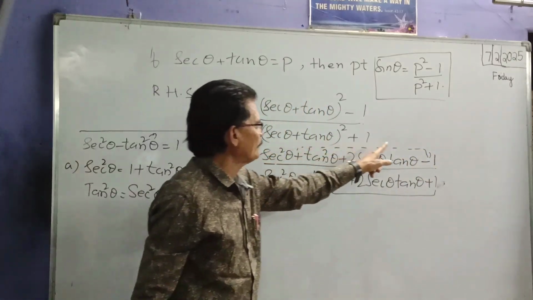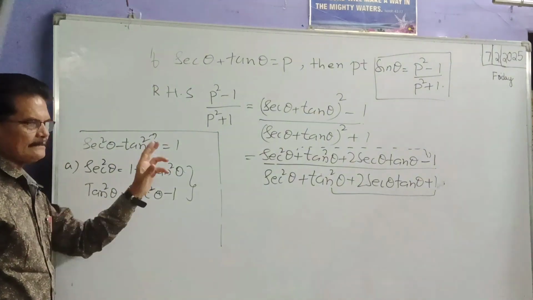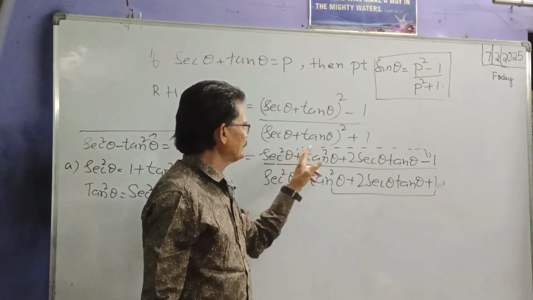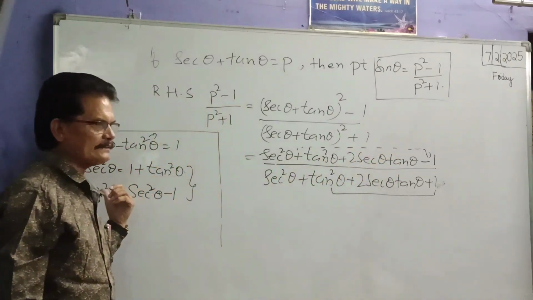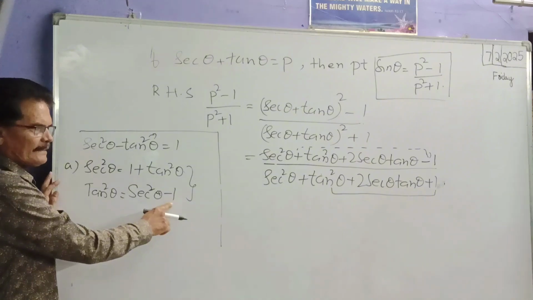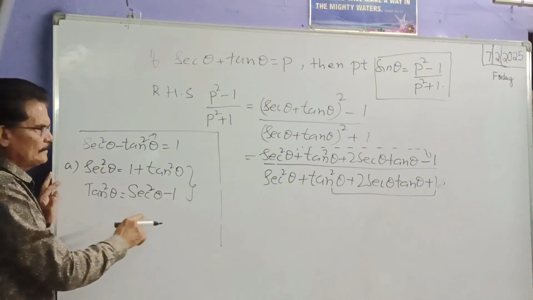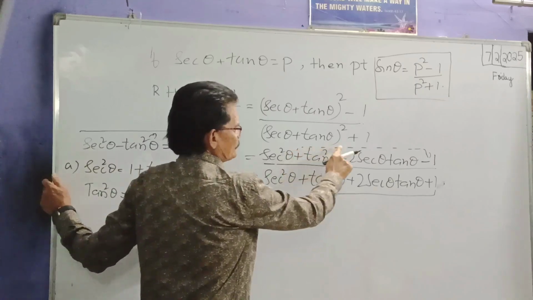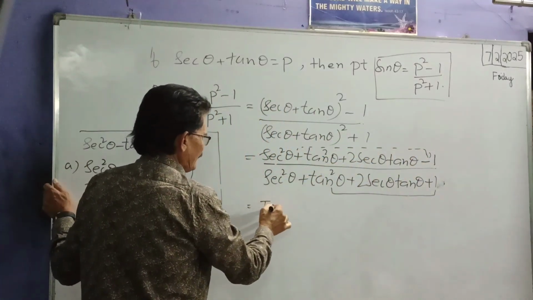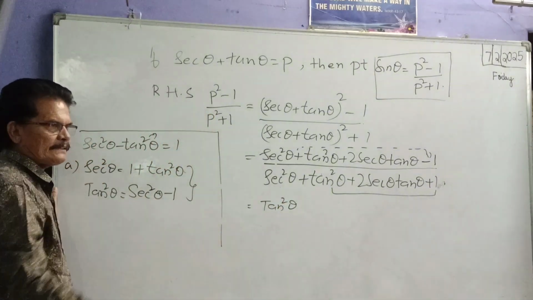So sec square theta minus 1 becomes tan square theta. I substitute sec square theta minus 1 by tan square theta. In place of sec square theta minus 1, I am going to write tan square theta. Do you agree?